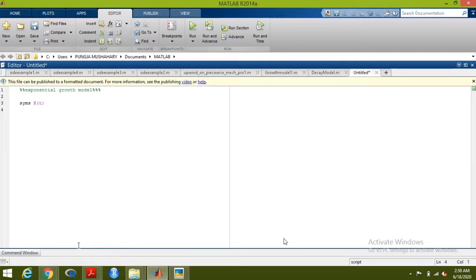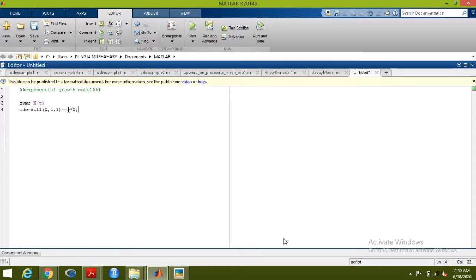So what is the differential equation? In the exponential decay model, the rate was k and the equation had minus k.